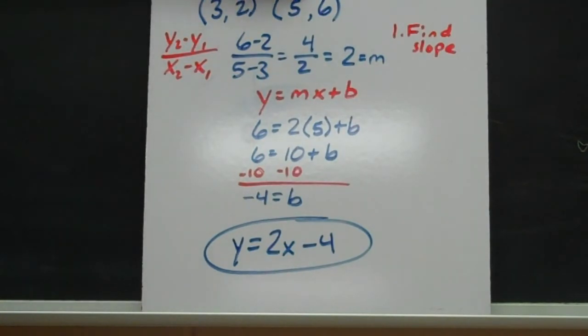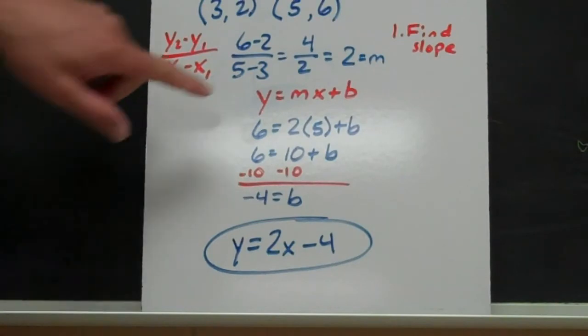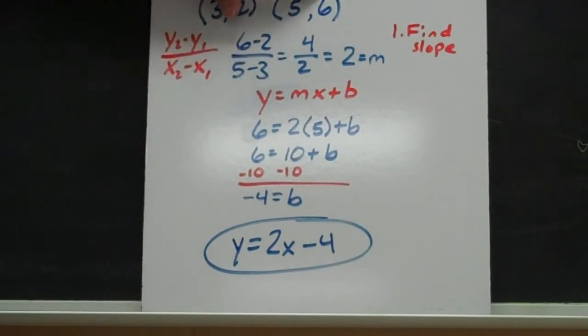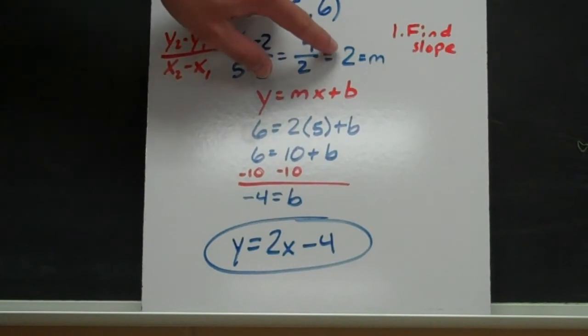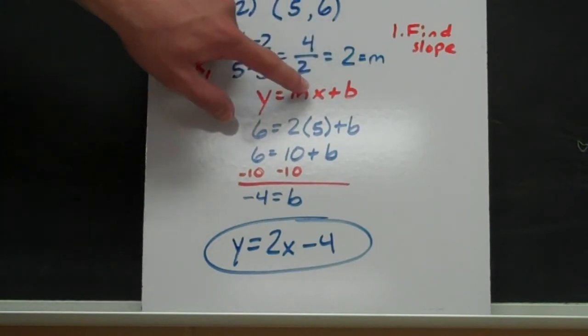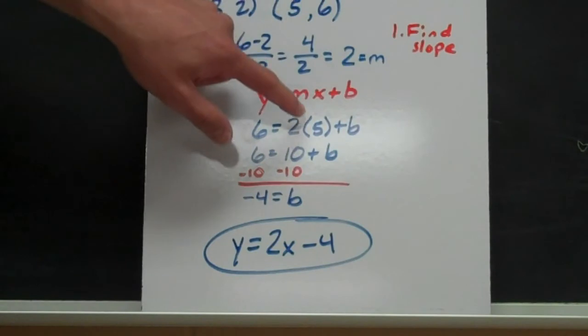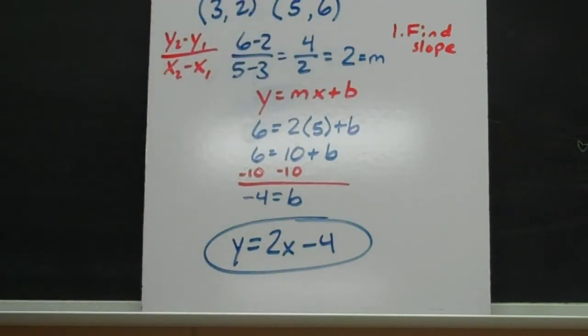I decided to use the second point for my x and y values. So when I plug everything into my equation, y = mx + b, my y value is 6, m is my slope, which is 2, my x value is 5, and plus b, that's what I'm going to be solving for.